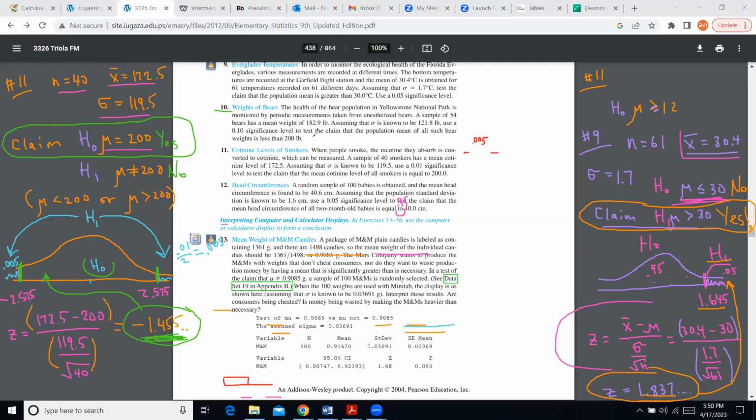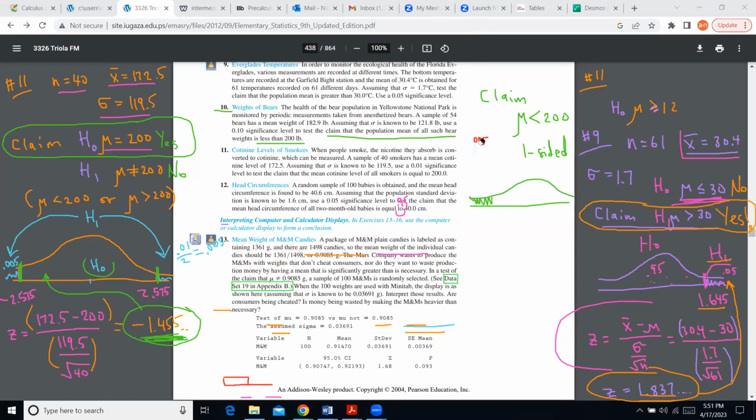They're talking about the claim that population mean is less than 200. So once they make such a claim that mean is less than 200, it's going to be one-sided because we're only on the left side, on the smaller side.